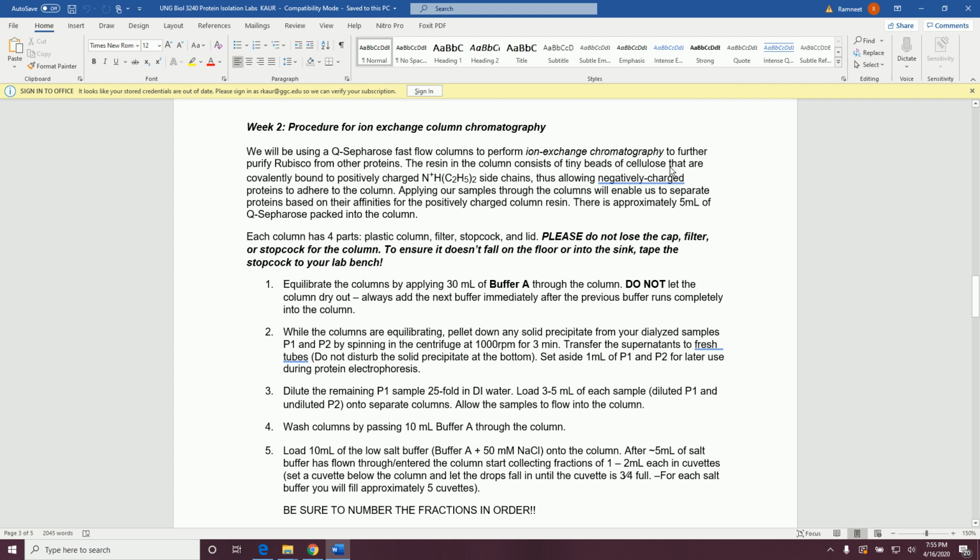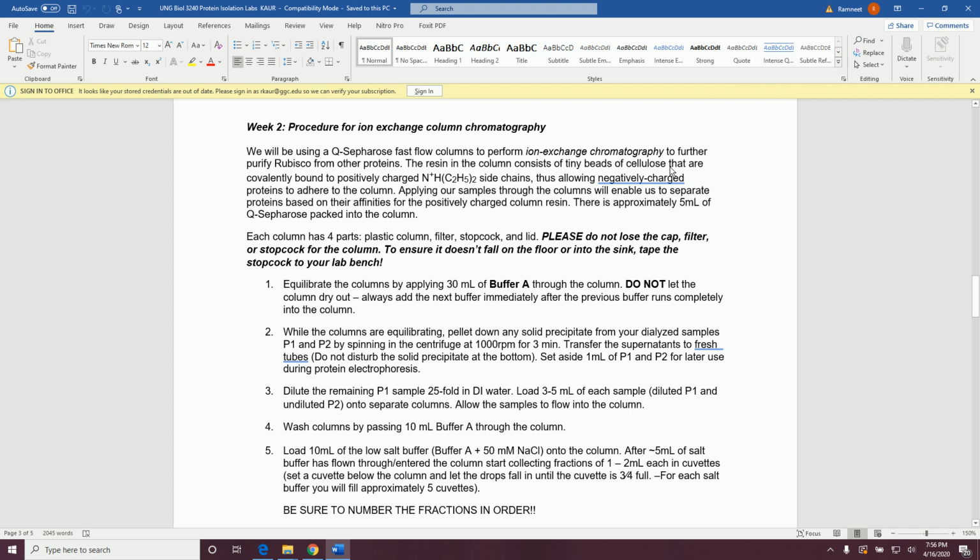The negatively charged proteins go and bind to the positively charged column, and all the other proteins pass through. After that we use salt buffers to elute these proteins from the column.